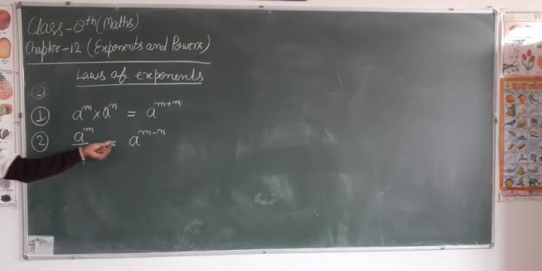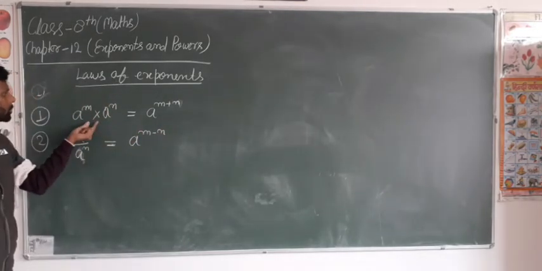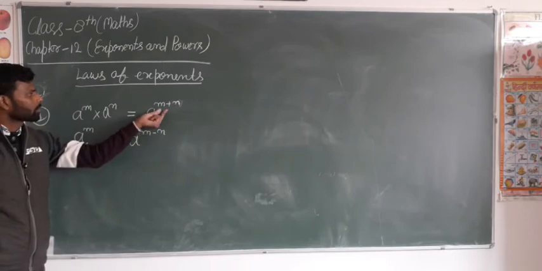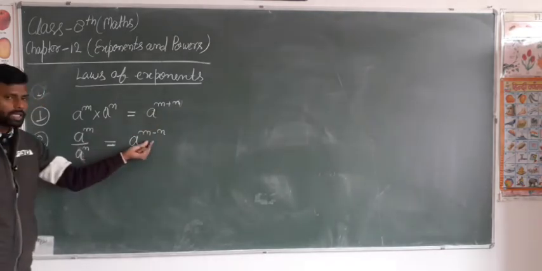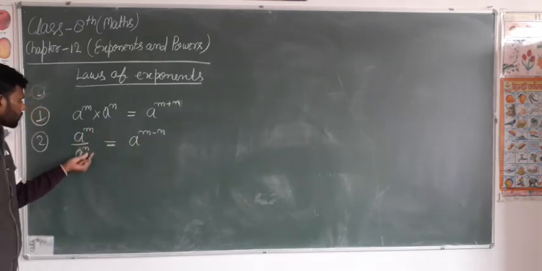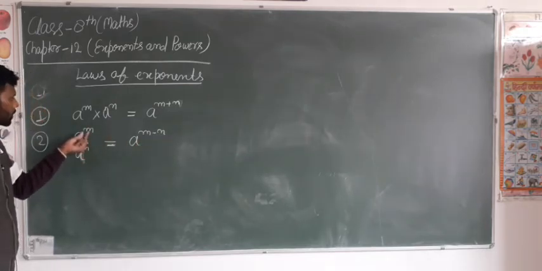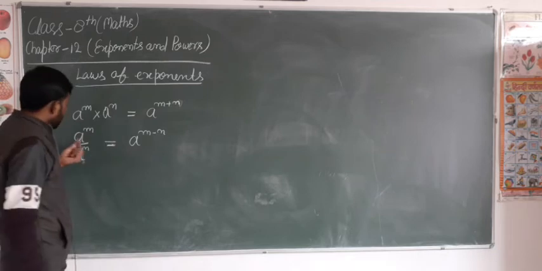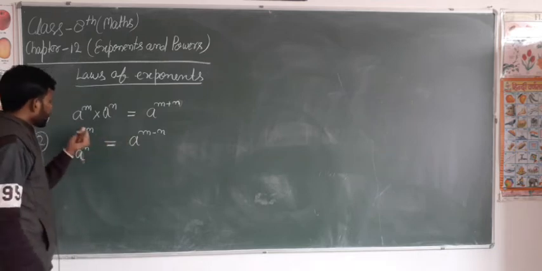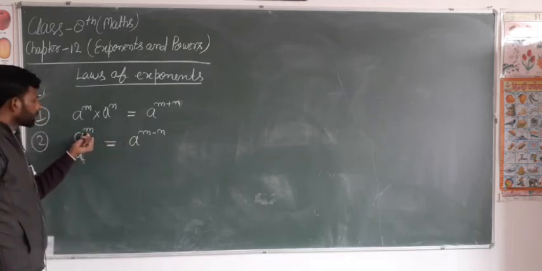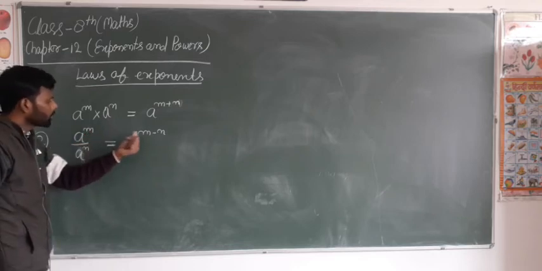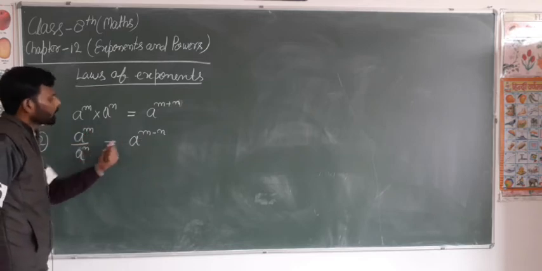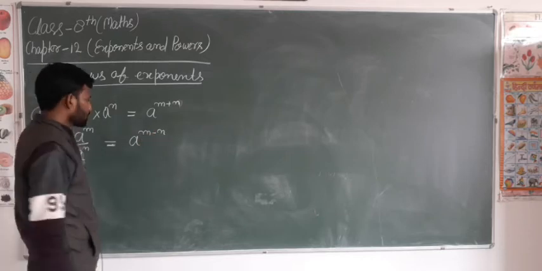In multiplication, when the base is the same, powers are added, and in division, when the base is the same, powers are subtracted. That means a to the power m minus n: power of numerator minus power of denominator.